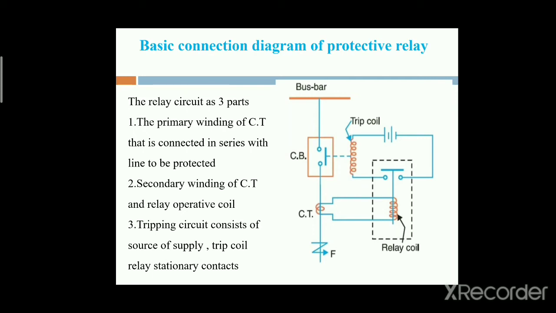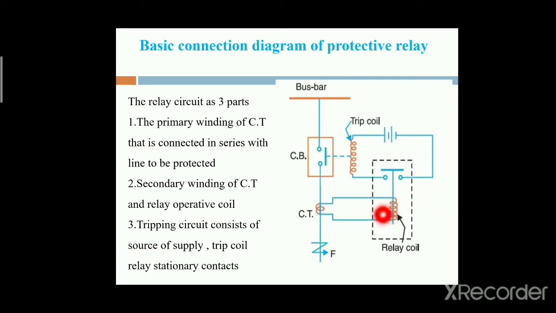The various components are the CT, circuit breaker, tripping coil and battery. This is the bus bar. In that bus bar we are connecting the secondary of the CT and also the circuit breaker. If any fault occurs at the point F, that fault current flows through the secondary of the CT coil, and then through the relay coil also.